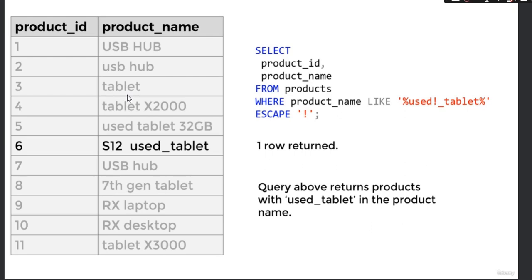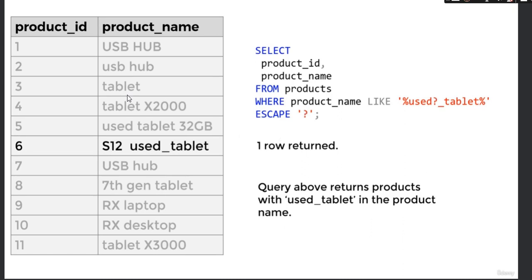Note that we could have used any character as an escape character. For instance, we could have used a question mark instead of an exclamation mark, for example.